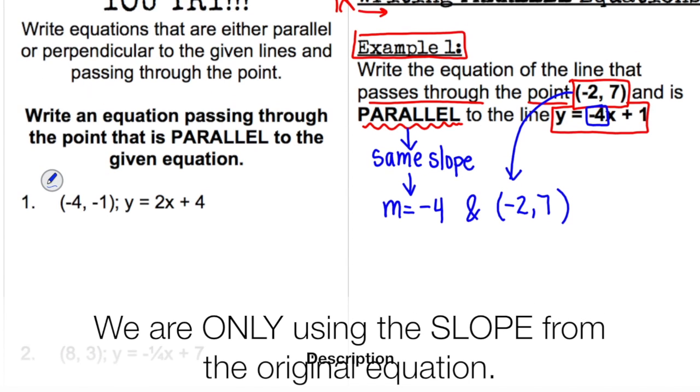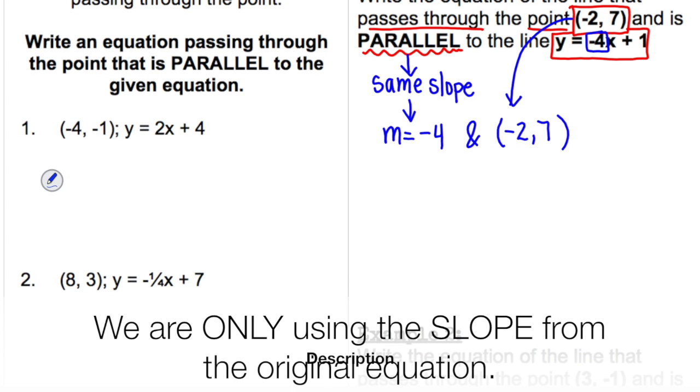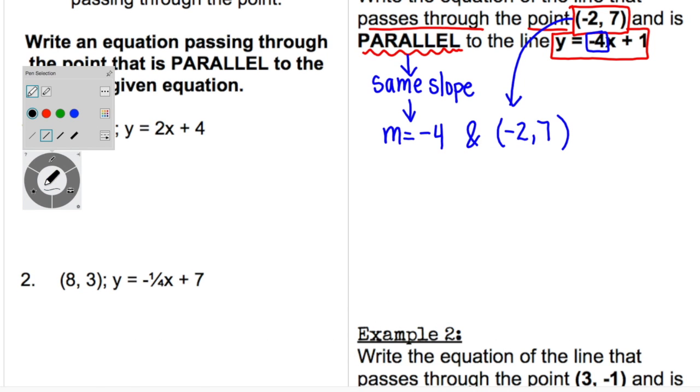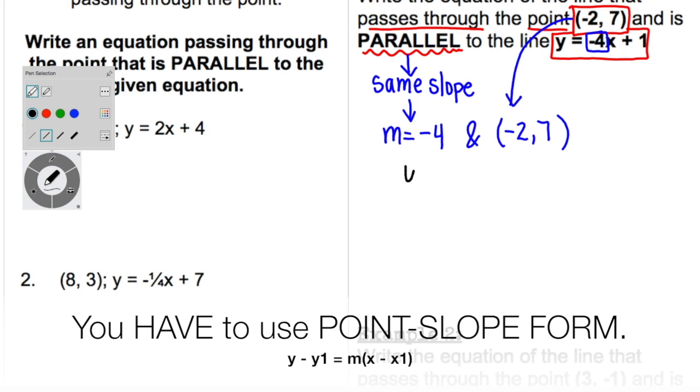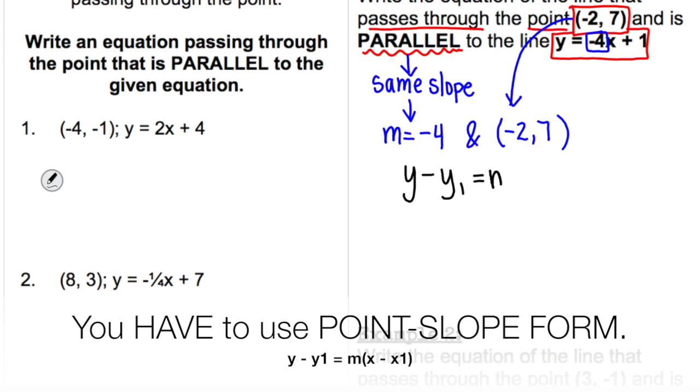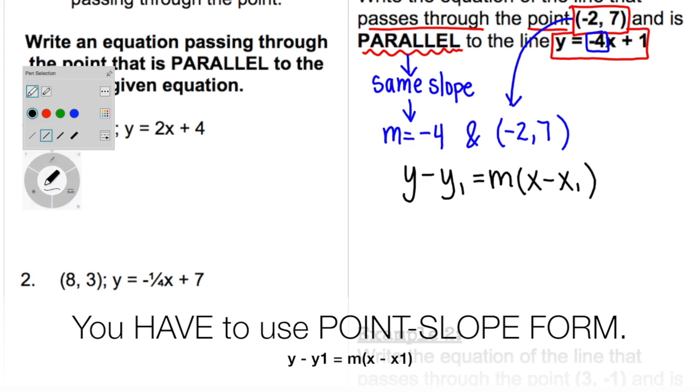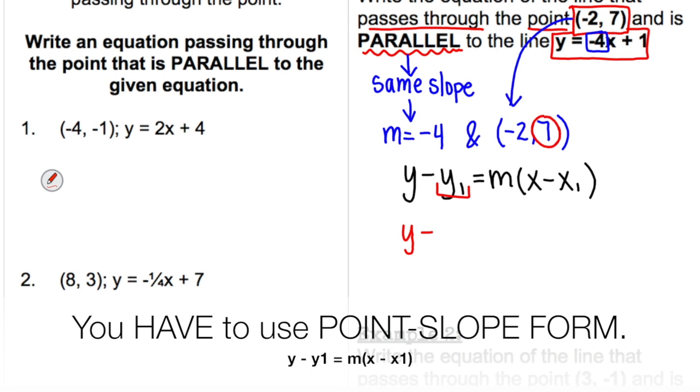Using only the slope from that equation and the point we have, we do need to use point-slope form, which is y minus y1 equals m times x minus x1. Then we plug in the information. We plug in the y-coordinate of our point, which in this case is 7, in place of y1.